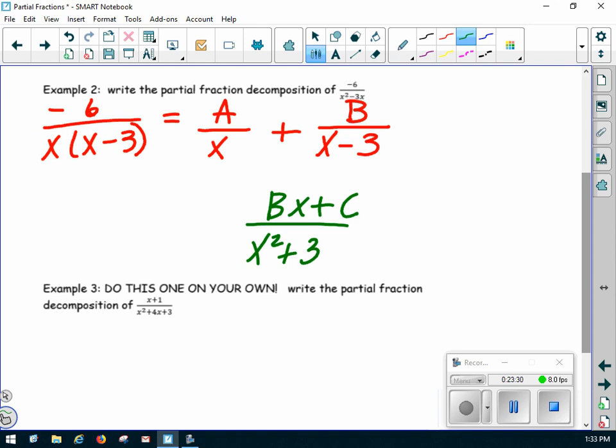Cover that. Look, if the denominator is linear, the numerator is constant. If the denominator is quadratic, the numerator is linear. If the denominator was cubic, the numerator would be quadratic.